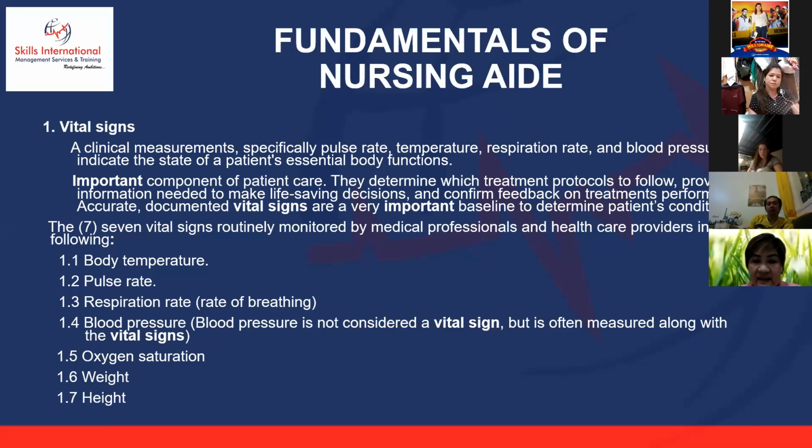These are the vital signs: the body temperature, the pulse rate, respiration rate, the blood pressure, which is actually not considered a vital sign, but it is often measured along with the vital signs, so it is already included. Oxygen saturation is another one, and the weight and the height of the patient. So all of these 7, just remember, we have 7 vital signs to take.